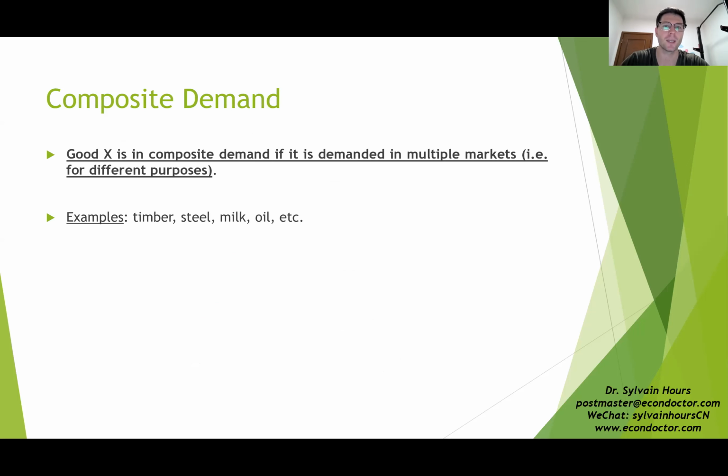That's the idea. Okay, so that's how we define composite demand. We say that good X is in composite demand if it is demanded in multiple markets, for different purposes. The examples that are used are timber, so wood essentially, and steel. Of course, think about everything you can do with steel. Milk, same thing. There are so many things you can do with milk.